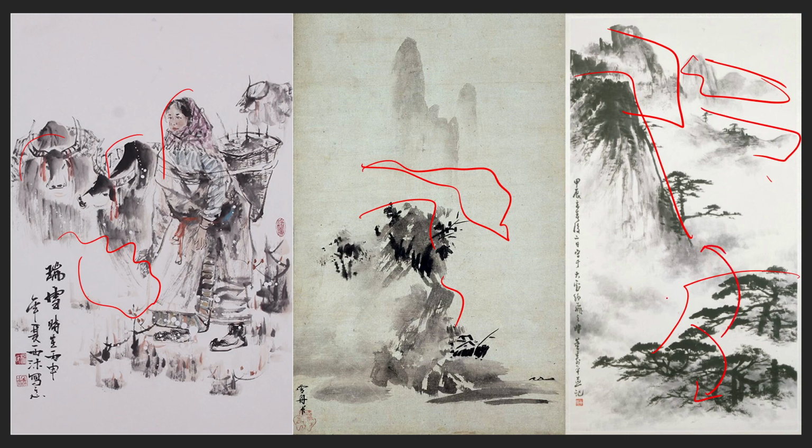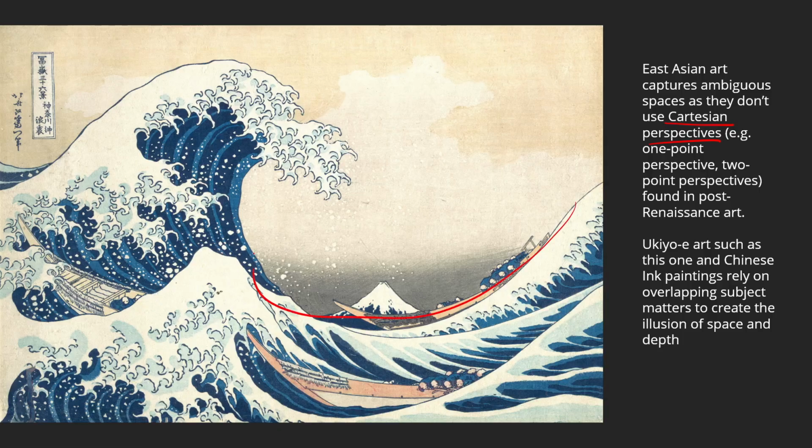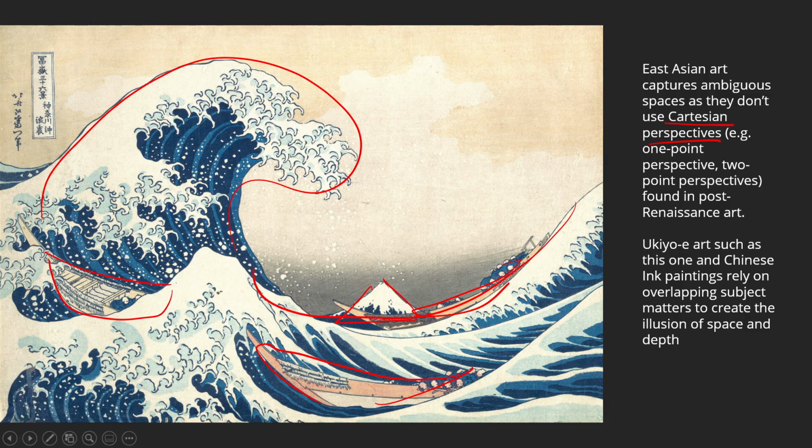It's because they practice overlapping shapes. The wave is here, the mountain is here, the ships are in between the waves, another ship here, and then you've got the sky. So do you see how they are creating the illusion of space?